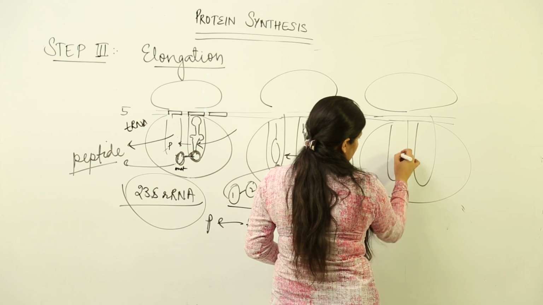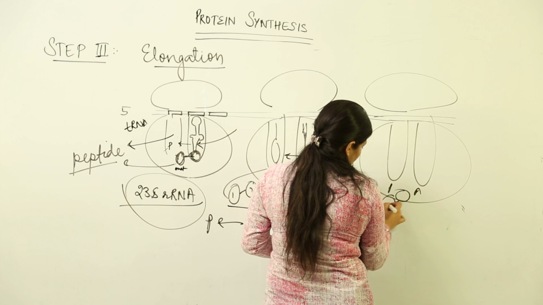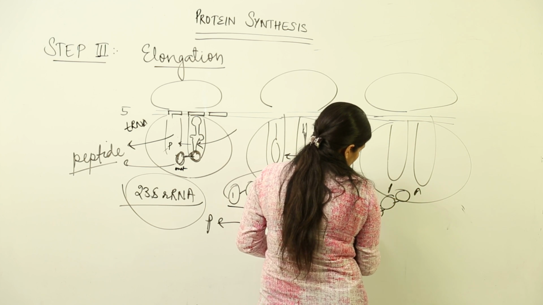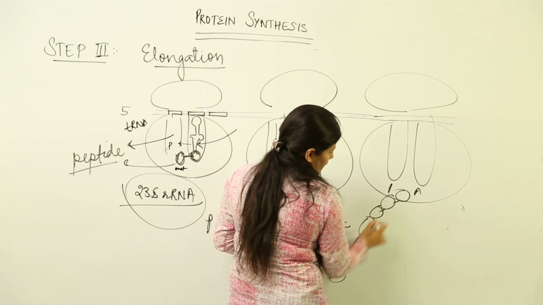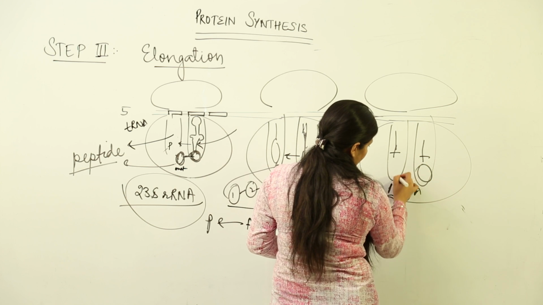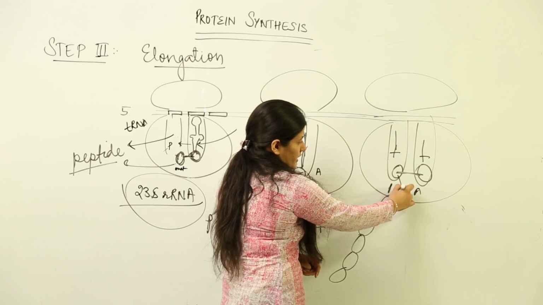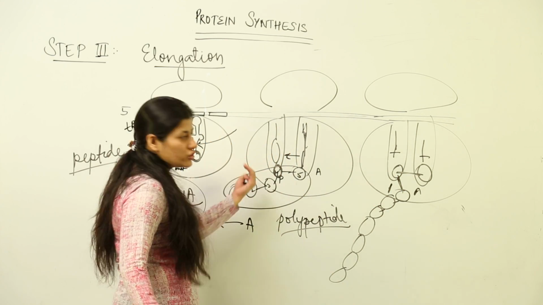There would be sites. At the A site a new tRNA would be coming, and what we will be having is a long polypeptide chain. Here there would be one tRNA, one tRNA attached to that, there would be the amino acids and they would be attached to the polypeptide and shifting would go on.